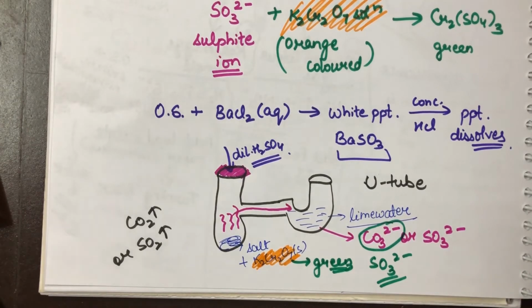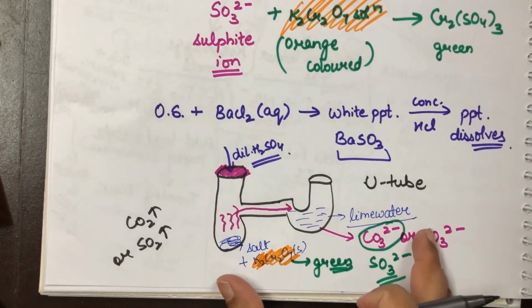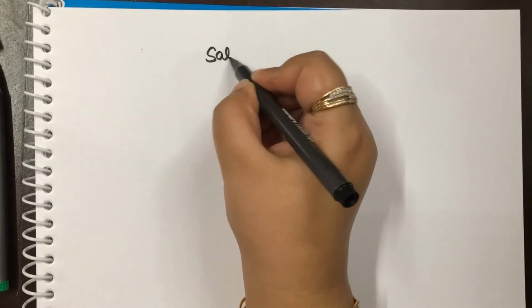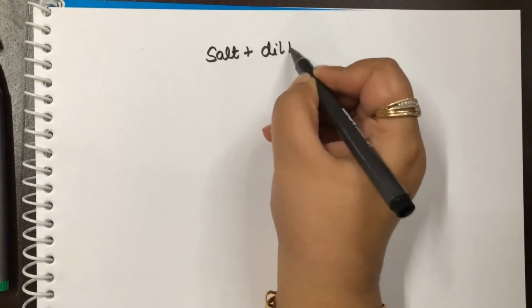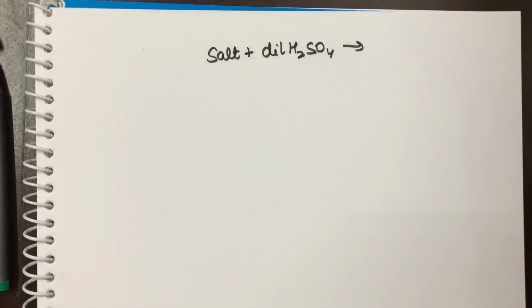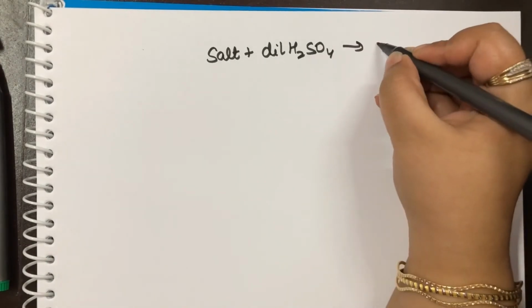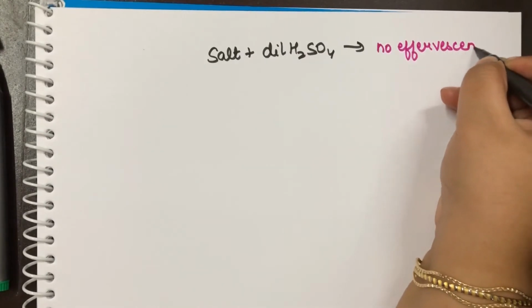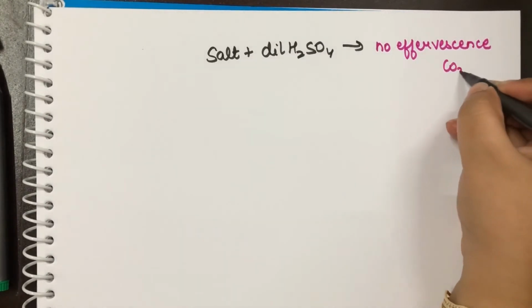So once you have confirmed, let's say it was carbonate or sulfite, you can still perform this test to be doubly sure. If your dichromate changes to green, it is sulfite. If it remains as such, it is going to be your carbonate ion. So now, if you added salt plus dilute H2SO4, okay, and I say that there was no effervescence, that means there was no carbonate.